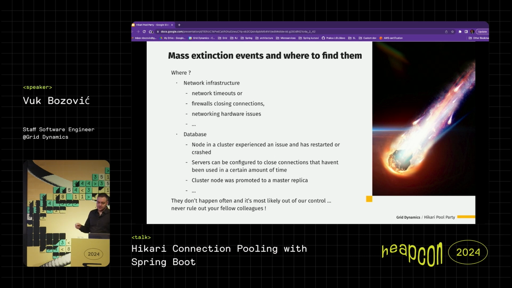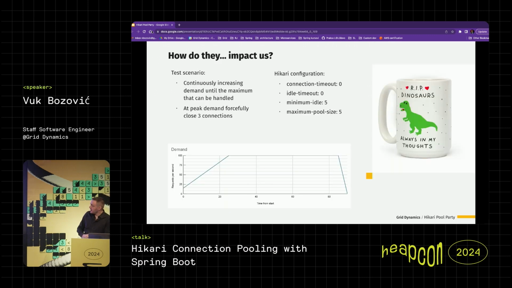In order to combat this, the connection pool has one parameter, but actually first let's look at a test, how they manifest themselves. So we will have 5 connections, and at one moment I will forcefully close 3 out of 5 connections, leaving us with only 2 connections.